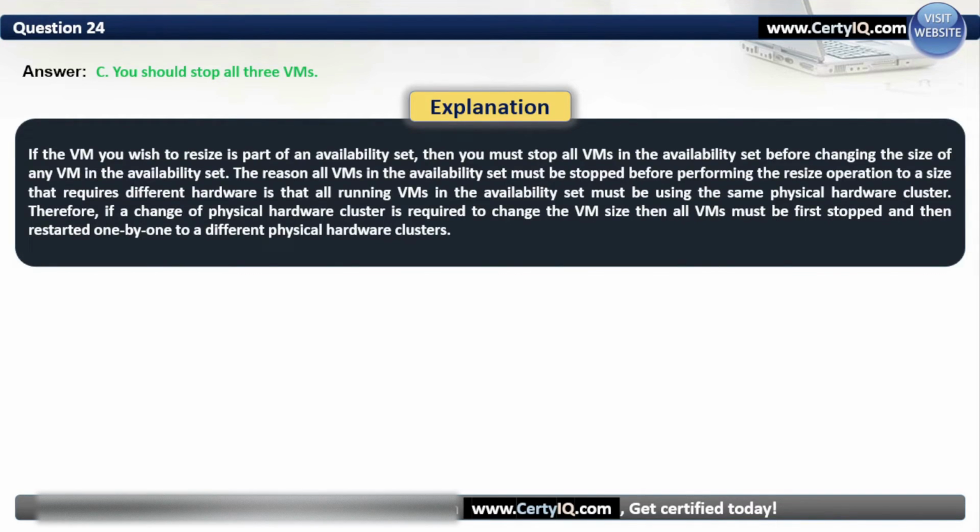The reason all VMs in the availability set must be stopped before performing the resize operation to a size that requires different hardware is that all running VMs in the availability set must be using the same physical hardware cluster. Therefore, if a change of physical hardware cluster is required to change the VM size, then all VMs must be first stopped and then restarted one by one to different physical hardware clusters.